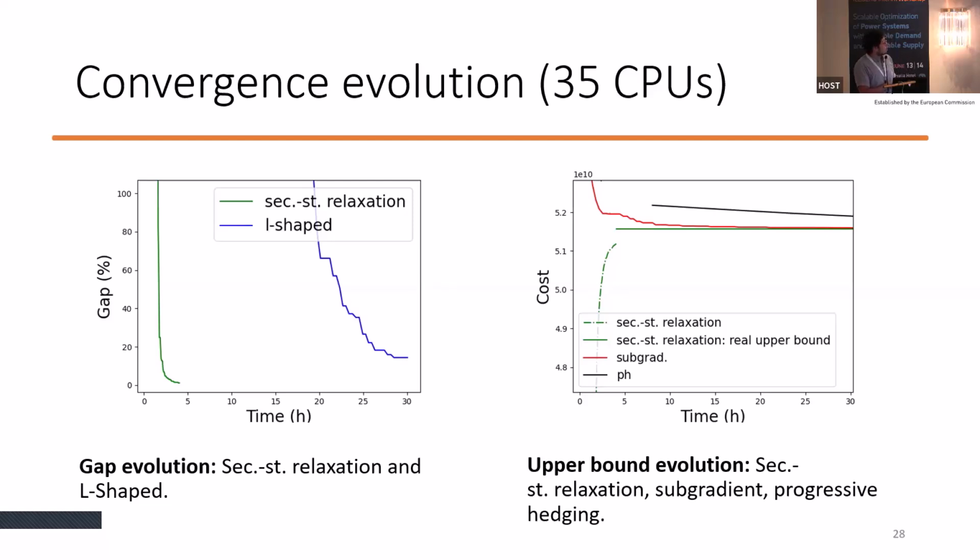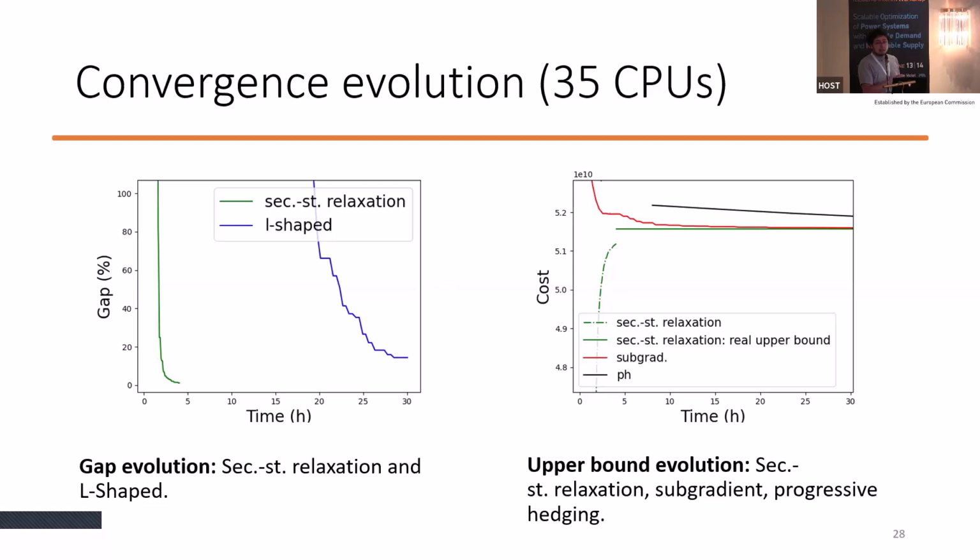And what we see is that for the progressive hedging, after 30 hours, the algorithm is still quite not there. The subgradient method was not performing that badly, but still after 30 hours of computation, it didn't reach the quality of the solution that we just found in 4 hours.